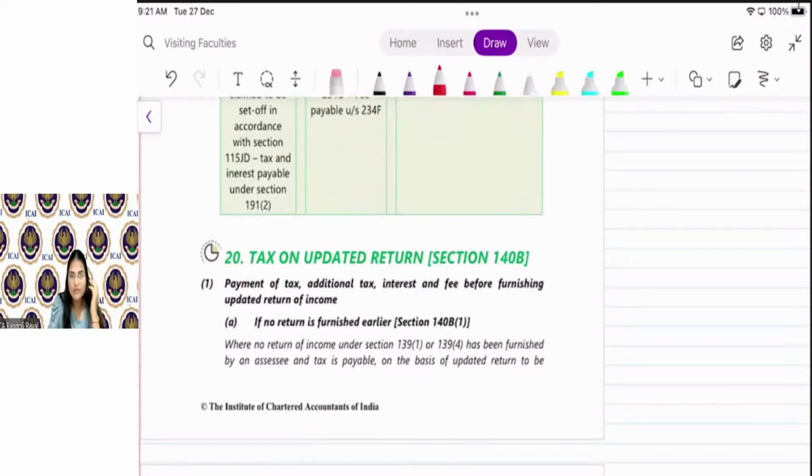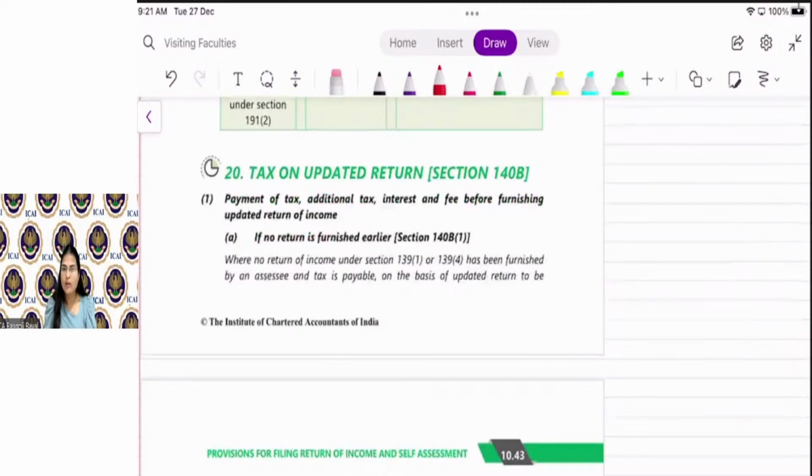Now let us discuss, we have discussed the updated return. Now let us discuss the tax on updated return. What is the tax liability you are required to pay on updated return? If no return is furnished earlier, you forgot to file your return of income, and the due date for filing belated return has lapsed, revised return has lapsed, so now you can file updated return up to 24 months from the end of relevant assessment year.